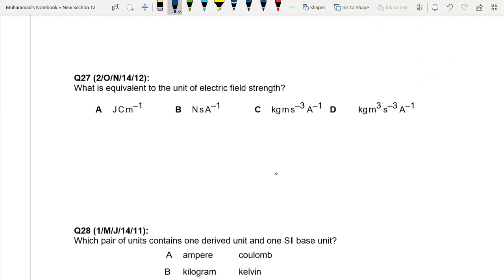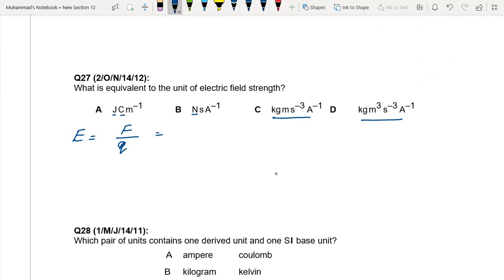What is equivalent to unit of electric field strength? Electric field strength is defined as force per unit charge. First you have to look at the options. In a few options there are base units, and you also have some derived units like joule, coulomb, Newton.